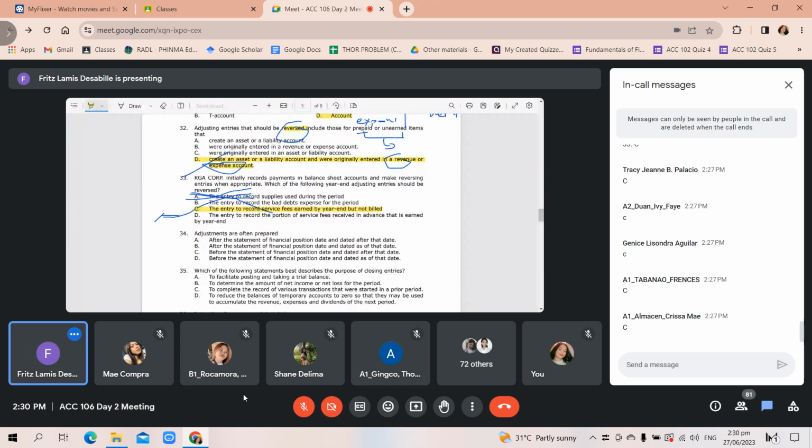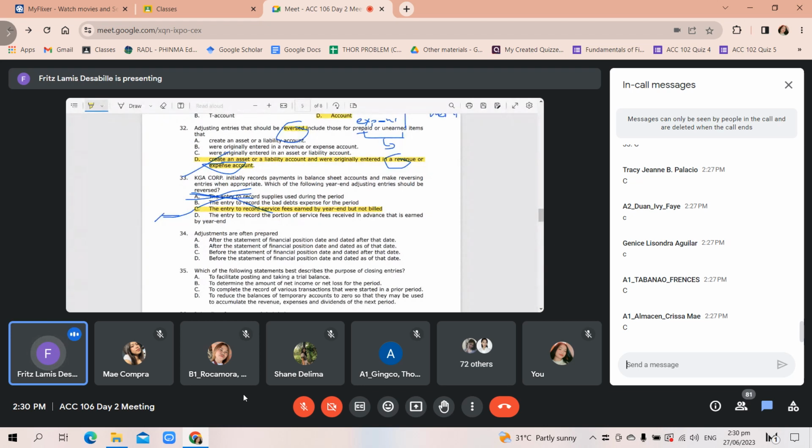Letter D, the entry to record the portion of service fee received in advance that is earned at year-end. So kaning letter D, ang gi-recognize nimo sa year-end or ang gi-adjust nimo kay income. So therefore, ang initial nimo nga gi-record kay liability.